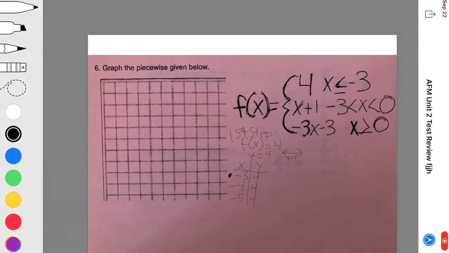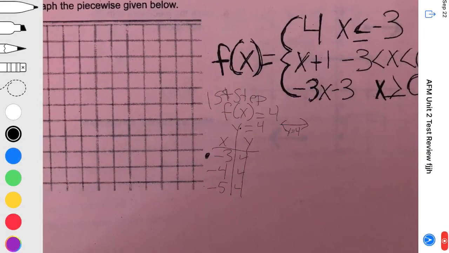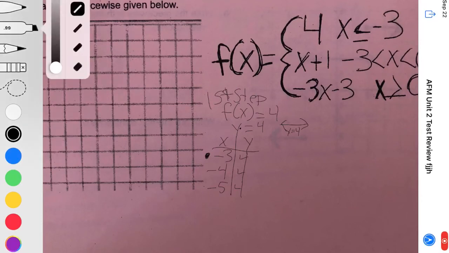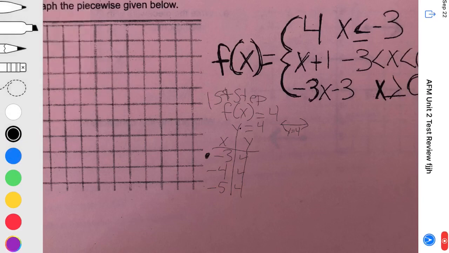So let's create that table, or let's graph that table. So let's make it a little bit thicker line. 1, 2, 3, 4, 5, 6. So I cannot draw a straight line, you guys know this. But there's our y-axis. 1, 2, 3, 4, 5, 6.